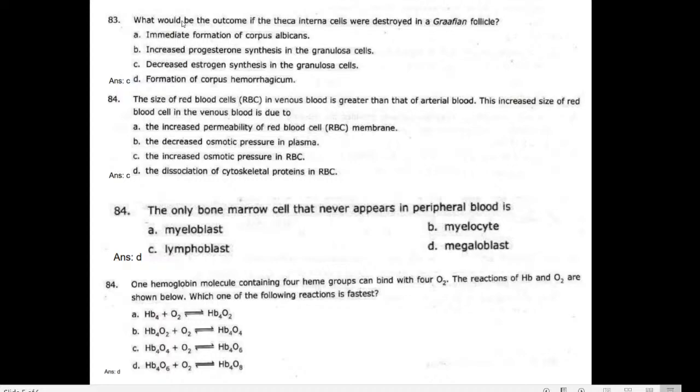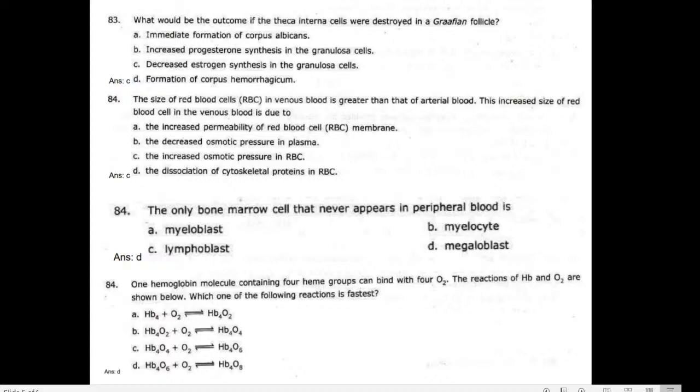So what would be the outcome if the theca interna is destroyed? These internal cells are involved in the cell production process, the initiation process.